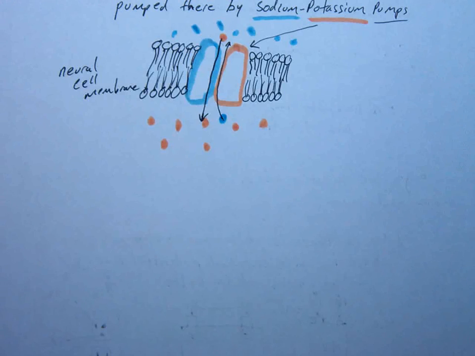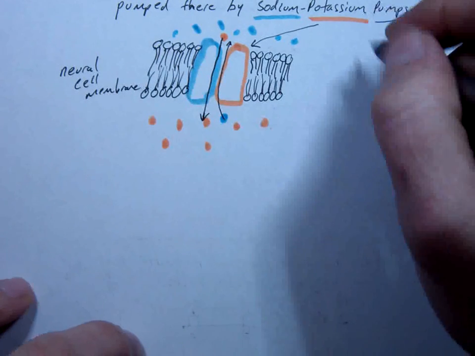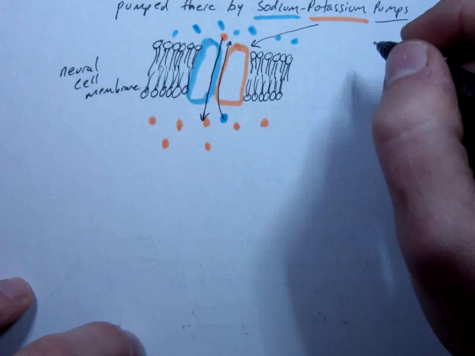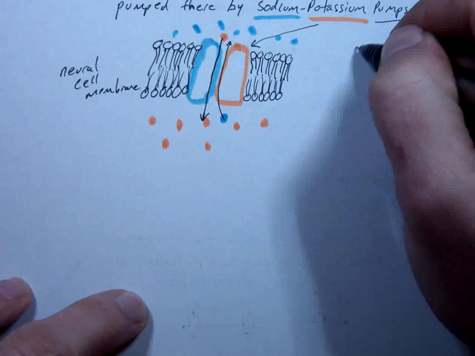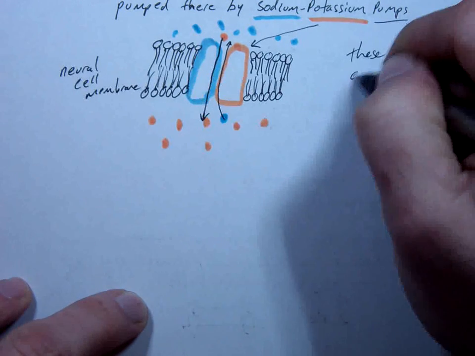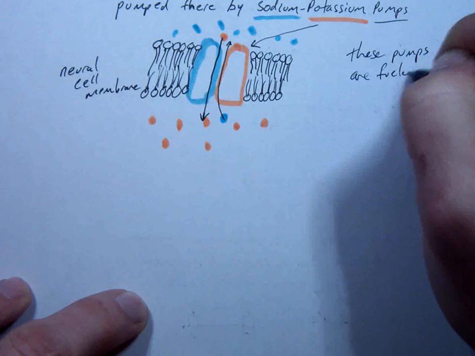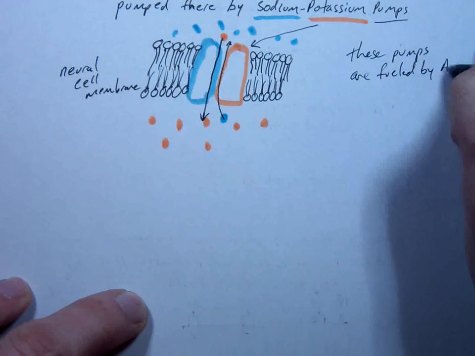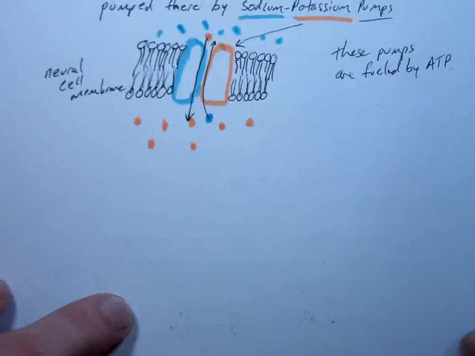All right. Now, it's expensive. How is it expensive? It takes energy. Energy in the form of what? ATP. Yes, indeed. Okay. These pumps are fueled by ATP. It requires energy.